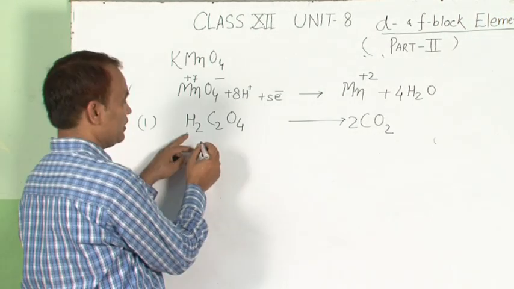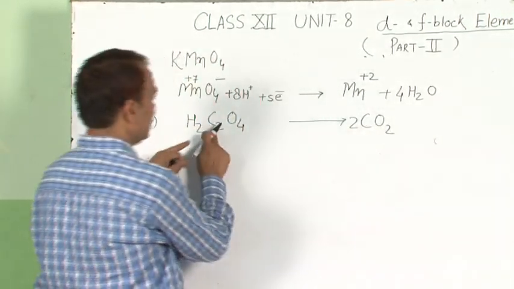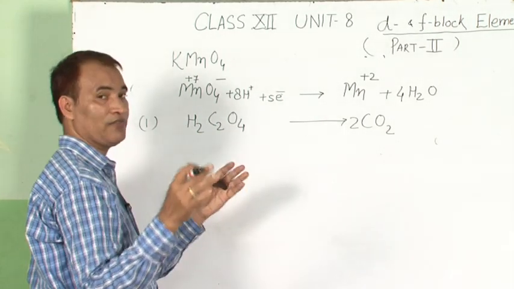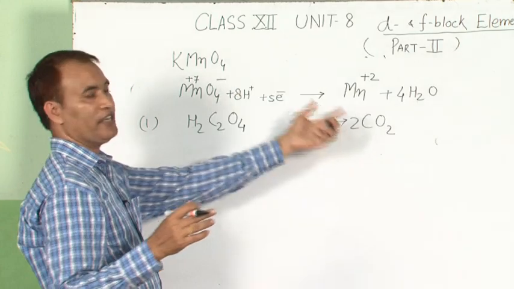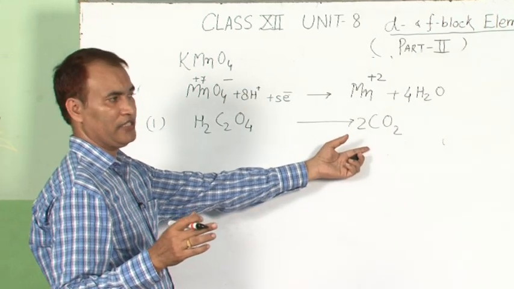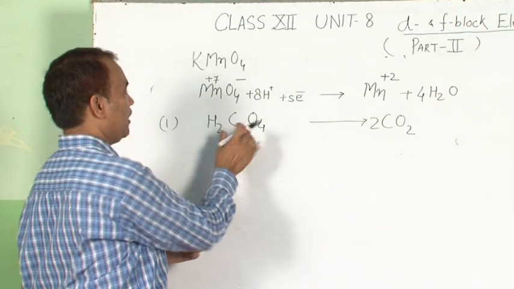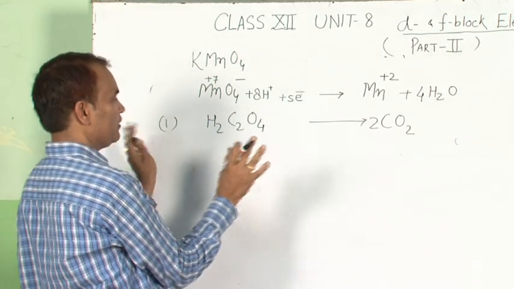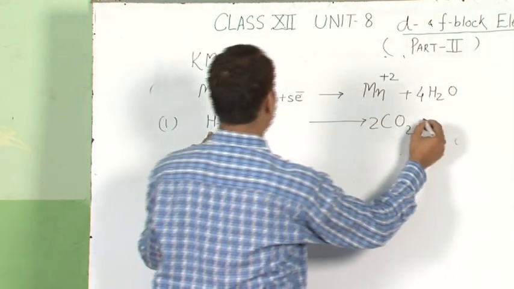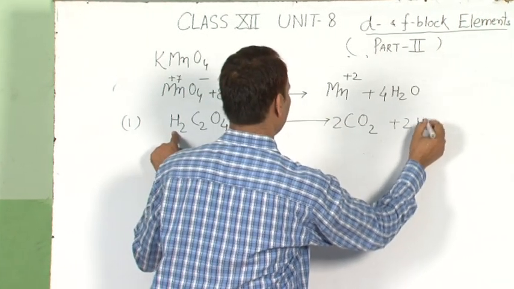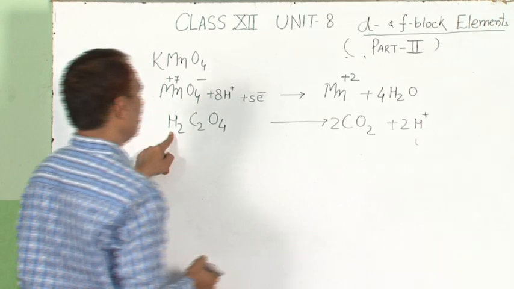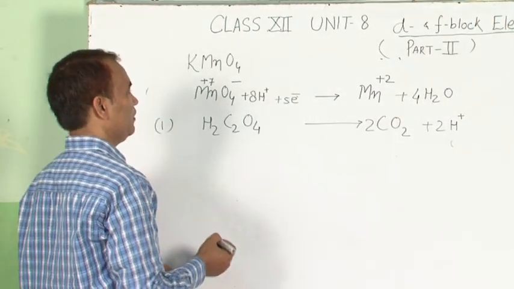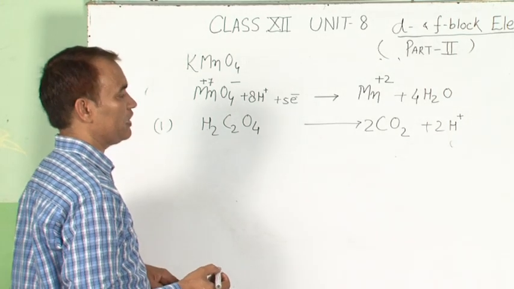Then how can you learn this reaction easily? First, we have to know what products are formed. Oxalic acid is converted into carbon dioxide. This we keep in our mind. Then write this reaction, see here 2 hydrogen, put here 2H plus, then balance the charge.